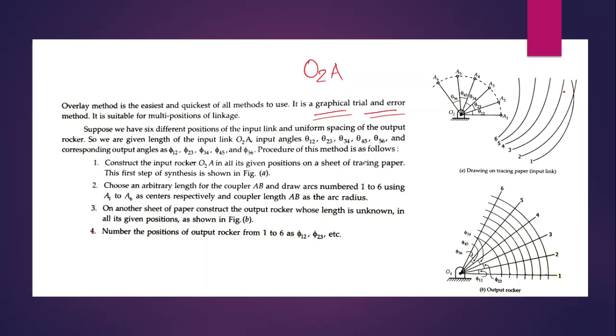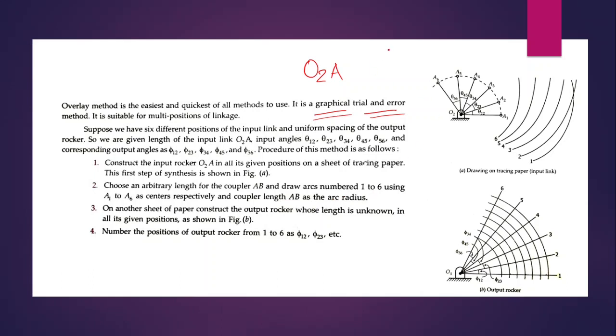We can draw arcs numbered 1 to 6 using A1 to A6 as centers respectively, and the coupler length AB as arc radius.